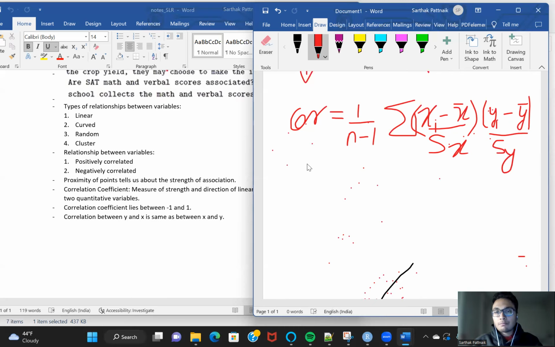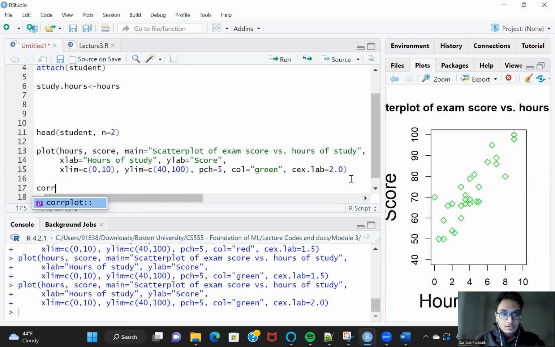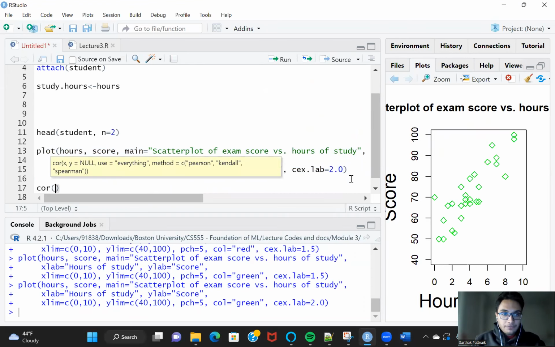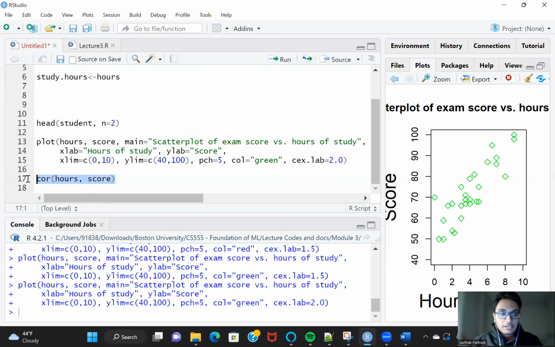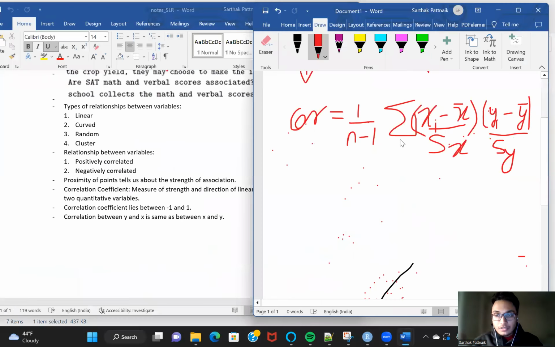This is the mathematical representation of the correlation coefficient, but because we are programming in R, we have a function that calculates the correlation coefficient between two numeric variables. That function is called the cor function. So if I do cor of hours, score, this will give me my correlation coefficient.